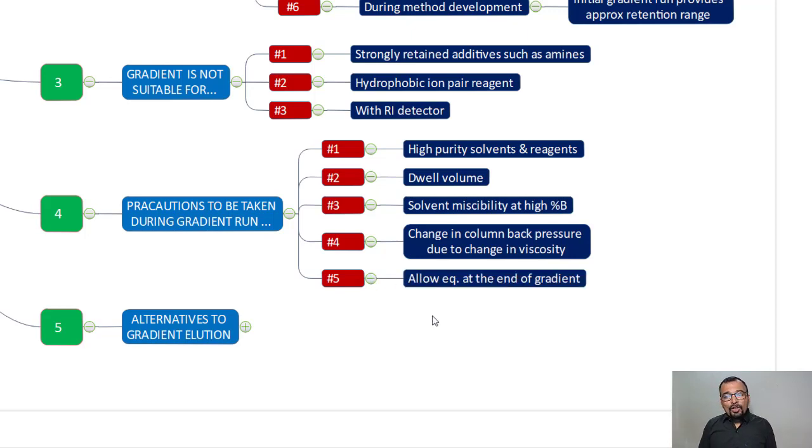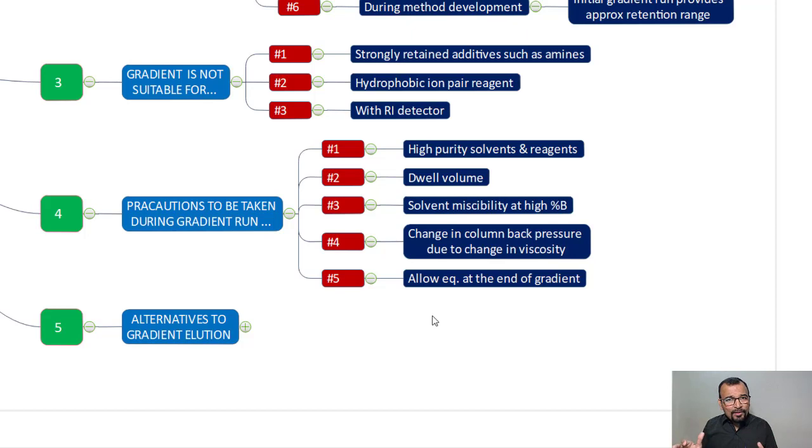The fifth one is to allow equilibration time at the end of the gradient. It is very important, as you are increasing the strength of the organic solvent. But when you end the gradient run, if you immediately inject the next sample solution, your system will not be properly equilibrated because you did not give enough time for equilibration.